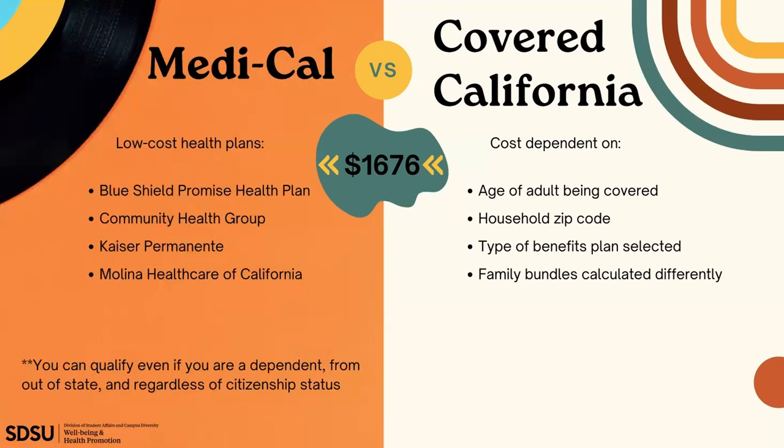In this case, those filters would be your age, household zip code, benefits you need or want, and dependents. And then based on what you selected, you are given a list of health plans you can choose from. The cost of each of these plans are dependent on your filters. An important thing to note when applying for healthcare insurance is that you can qualify even if you are a dependent from out of state and or regardless of your citizenship status.